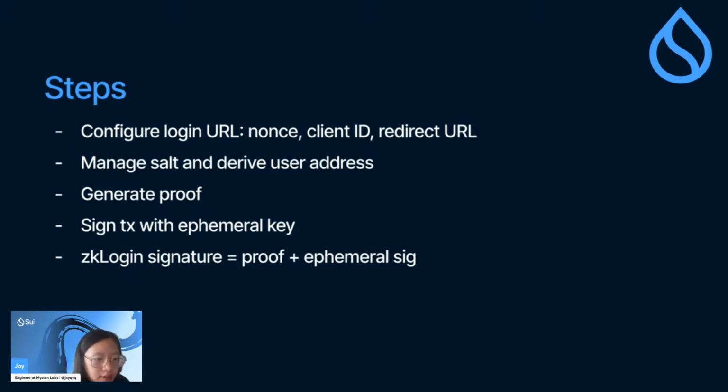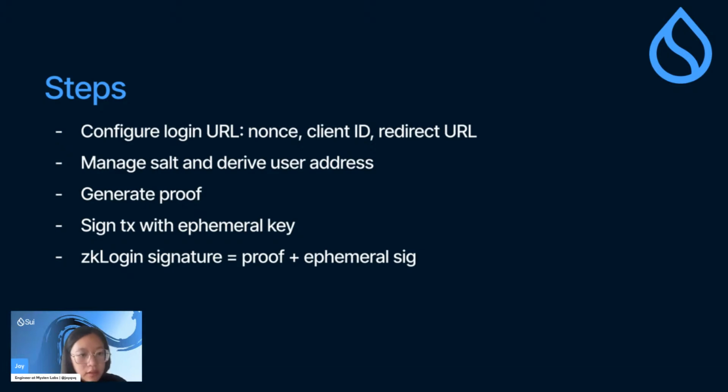First, there is a certain way of configuring the login URL. For example, let's take Google as an example again, where you need to configure the nonce, which is set to a public key, and you also set it to some expiration. Let's say the next epoch on the Sui blockchain on mainnet.